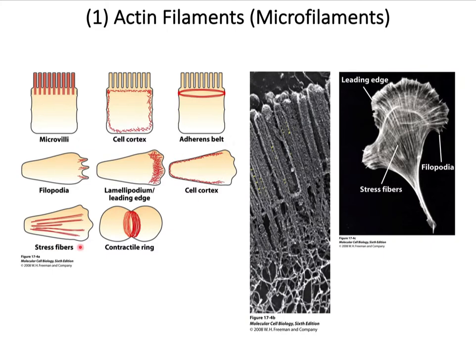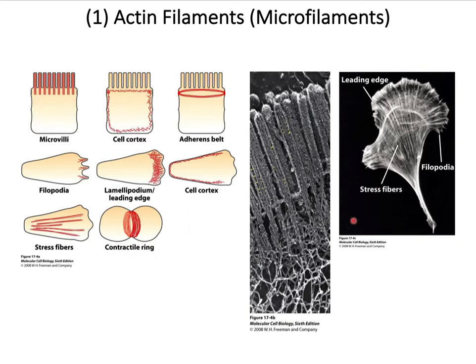In a number of cells, both motile and non-motile, actin filaments make up stress fibers, and they assist the cell with adhesion. Again, we are going to talk about these stress fibers more when we study cellular interactions. Finally, in dividing cells, you can see the contractile ring is rich in actin filaments.